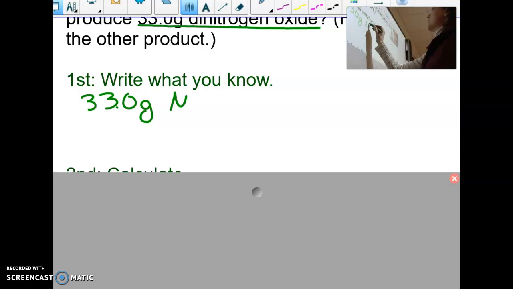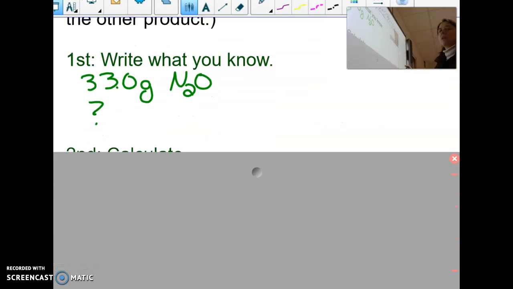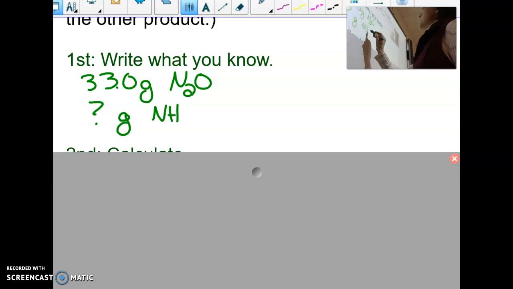If you said N2O, you would be correct. And then we're trying to figure out the number of grams of ammonium nitrate. And I'd like you to figure out the formula for that. If you said ammonium nitrate, NH4NO3, you would be correct.